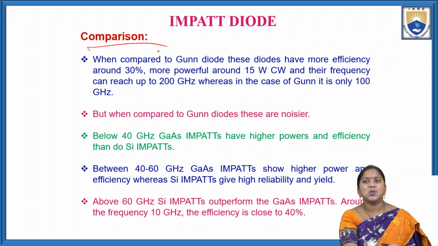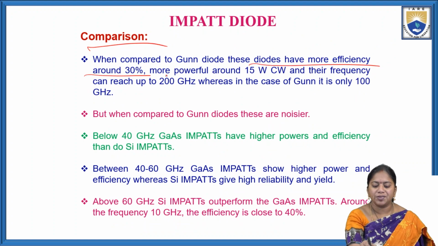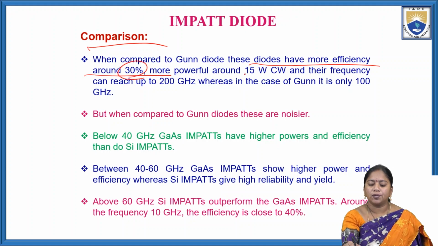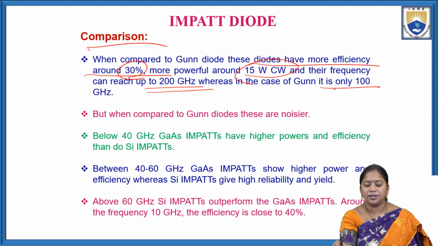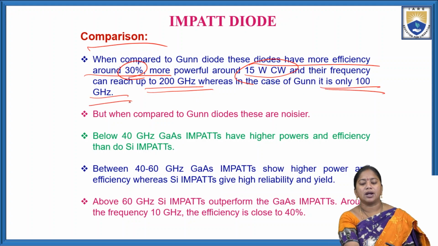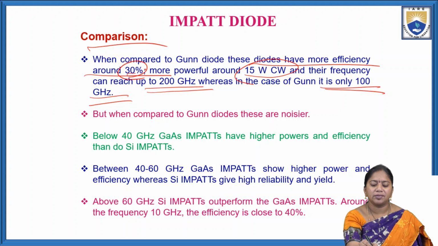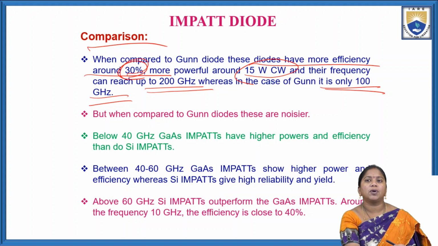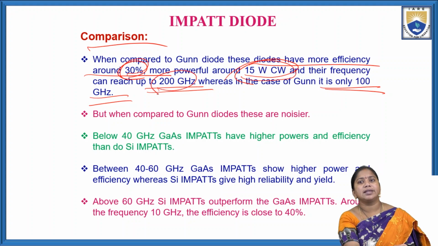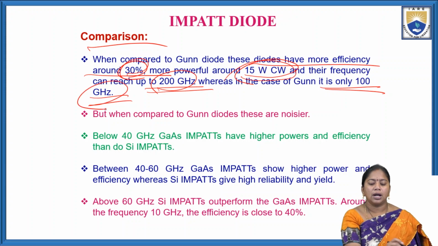Comparison. When compared to the Gunn diode, these diodes have more efficiency, around 30%, and more power, around 15 watts CW power, and their frequency can reach up to 200 GHz, whereas in the case of Gunn diodes it is only around 100 GHz.